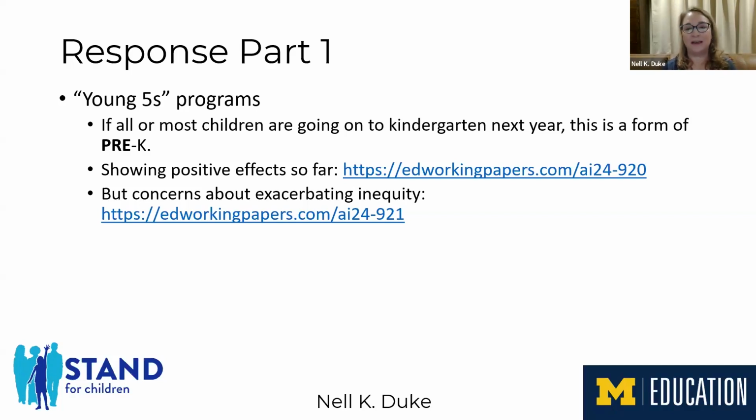Developmentally, if you think that they should be getting a kindergarten curriculum, then you should put them in kindergarten. If you don't think they should be getting a kindergarten curriculum yet, because you didn't put them straight into kindergarten, they actually should be getting a rigorous pre-kindergarten curriculum. So what you shouldn't be doing, in my opinion, is treating them just like you would treat a group of kindergartners who are going to go into first grade the next year.